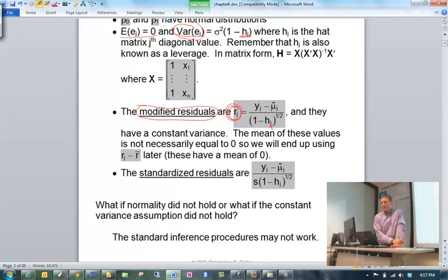So in the end, what we'll be doing is resampling r_j minus r bar, where r bar is the mean of the residuals. More on that shortly. Of course, you could go all the way and look at standardized residuals as well. Notice now, in addition to the square root of 1 minus h sub j, I have the square root of MSE there.